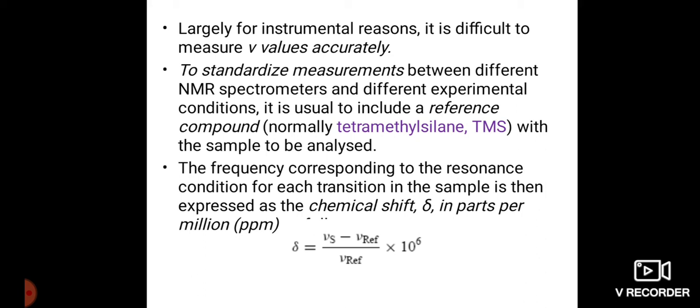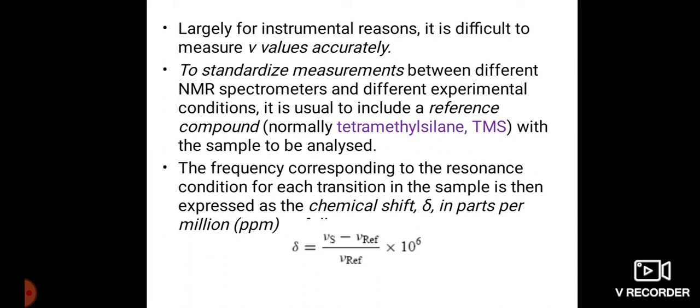Therefore, in order to understand and clearly measure it, people use a standard, that is tetramethylsilane. Usually this reference compound is analyzed first, and taking its chemical shift value as 0, people measure the chemical shift values of other atoms, molecules or groups.